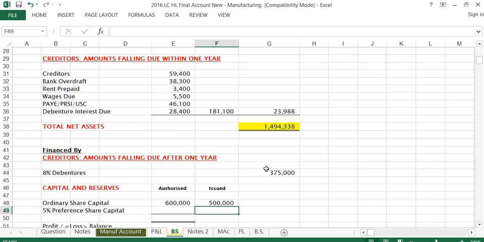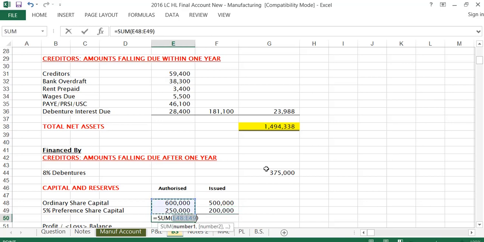And the preference shares, we can see that the authorised preference shares are 250,000, and the issued preference shares, we can see from the trial balance, are 200,000. About 3/4 way down the trial balance, 200,000.